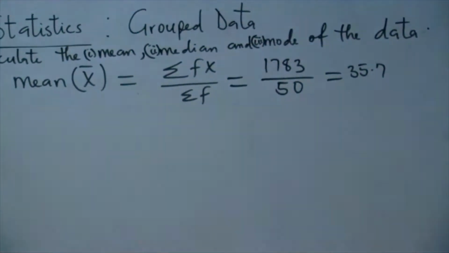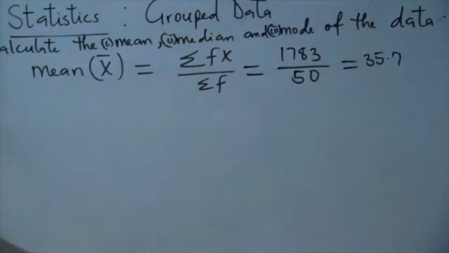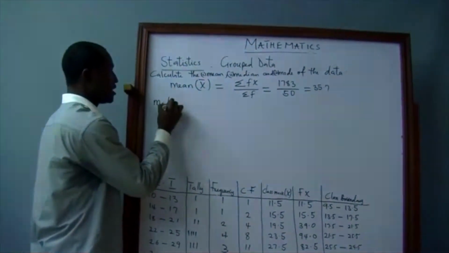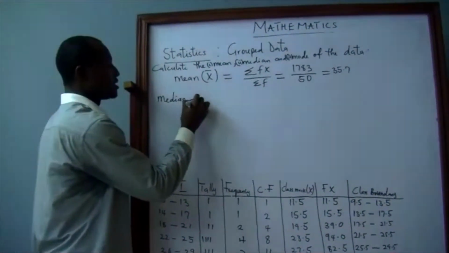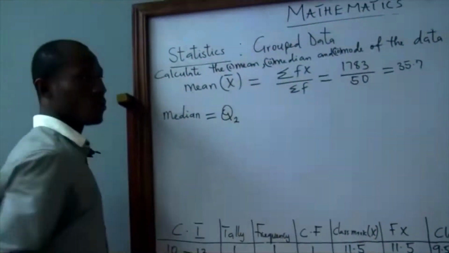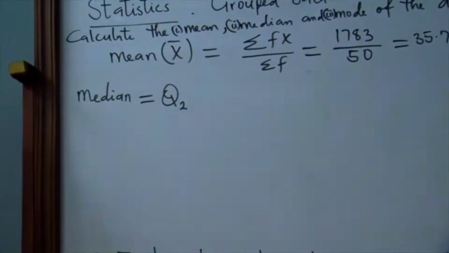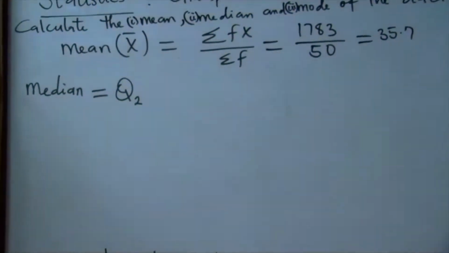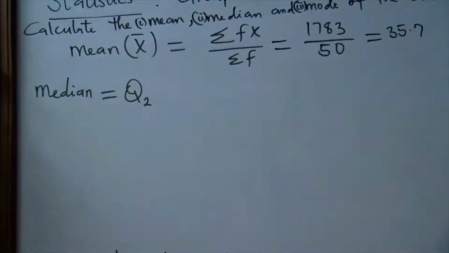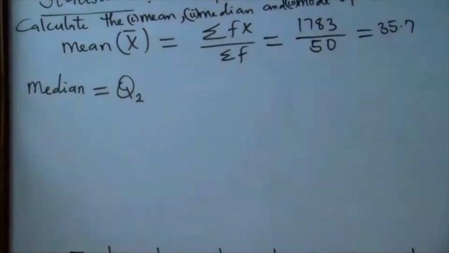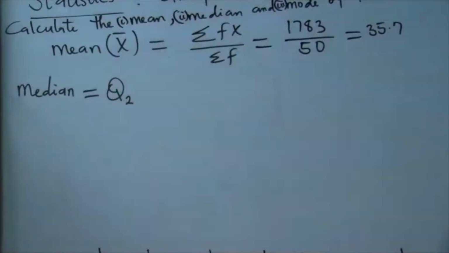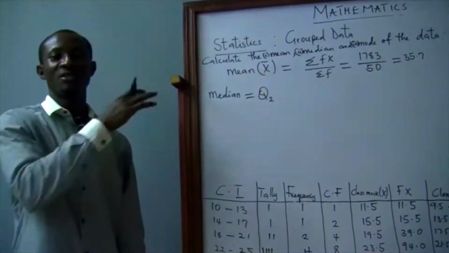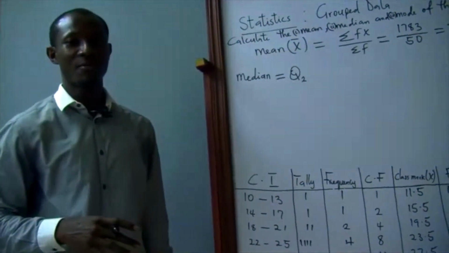For us to obtain the median, I remember that median, like I said in the last class, stands in the category of second quartile, Q2. But now, this is grouped data, unlike the other one which was ungrouped data. The method of obtaining the median in this case is different from the one we did last time.